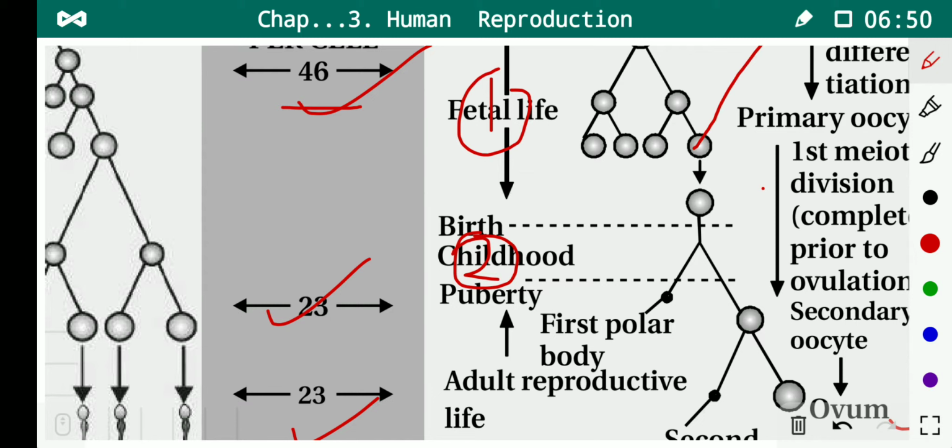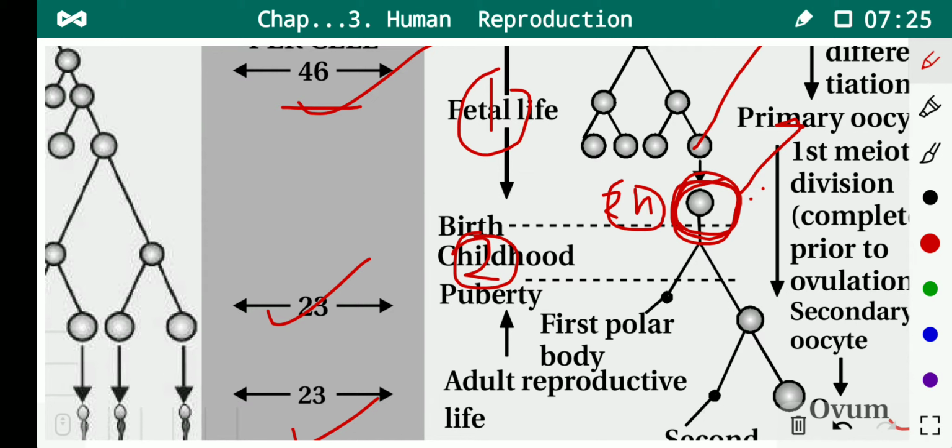They increase in size, so that is called the growth phase. Here the size of the cells increases and becomes enlarged. It is a big cell, called the primary oocyte. It is still 2n because there is no division.